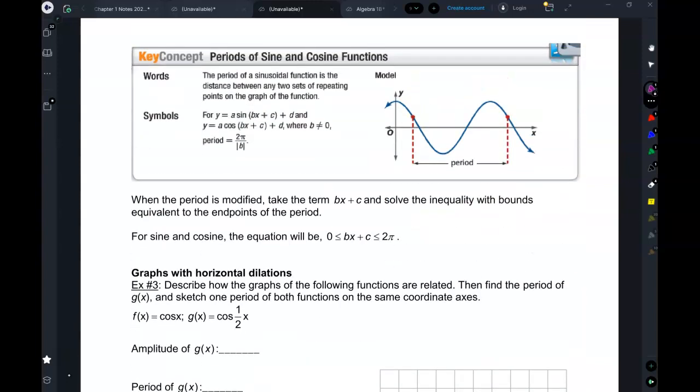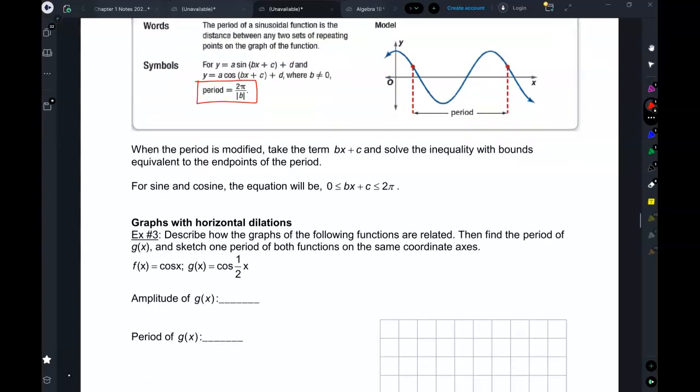What about period? So period is how long it takes for one cycle to complete, okay? Because for the default, it's 2 pi. When we modify the period, it's always a fraction of the 2 pi. So to find the period of a sine or cosine function, it's always 2 pi over absolute value of b, okay?